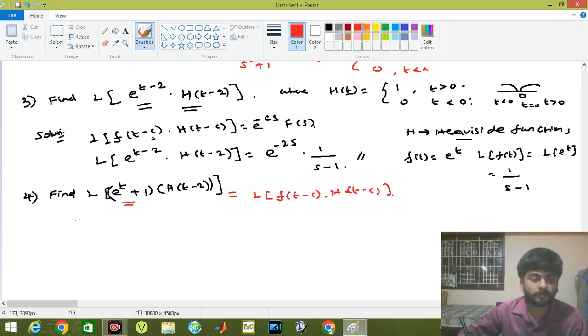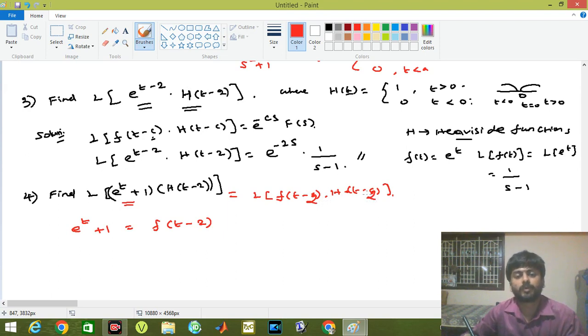Now we are going to take this e power t plus 1 equal to f of t minus 2, because here c is 2. So f of t minus 2 into h of t minus 2. Okay, now I want to have this t to be t minus 2.